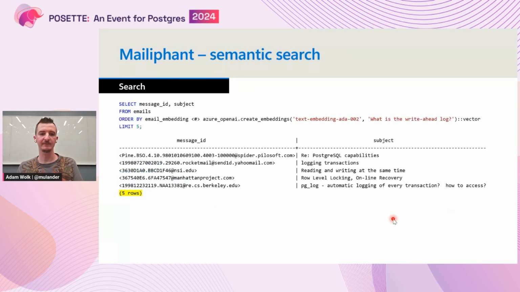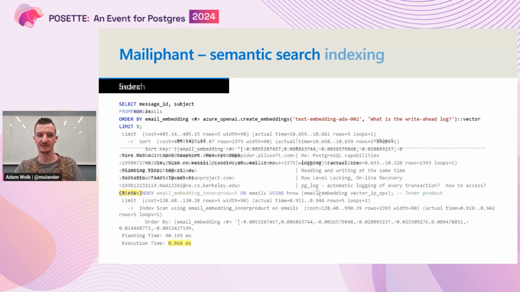And now that we have this, we can search over all our emails using semantic search, using this inner product operator to find the distance between whatever email and what is the write-ahead log. And if you remember from the first slide, we had up to one email, which is the first one that had the exact occurrence of write-ahead log, but we didn't see the remaining ones.